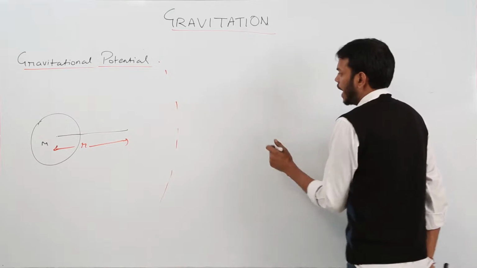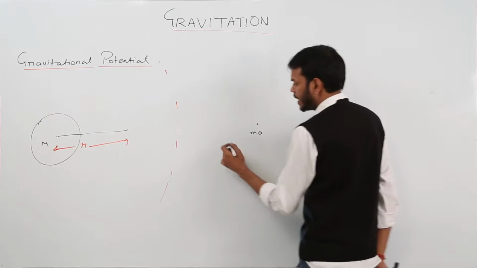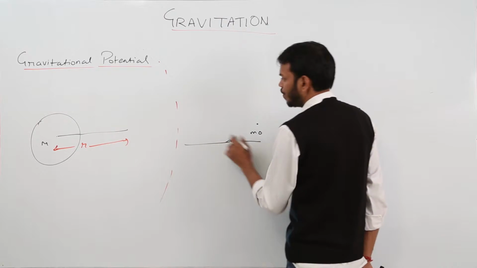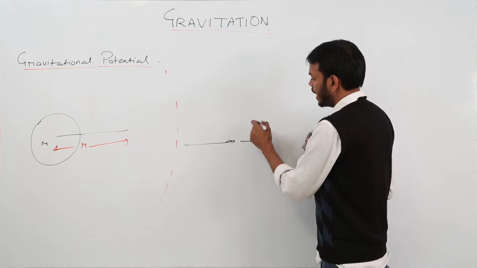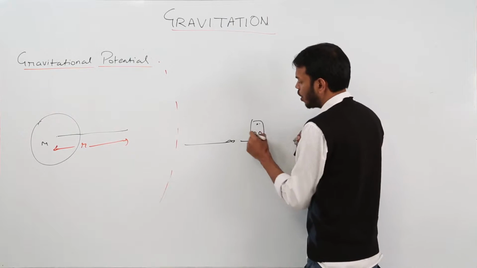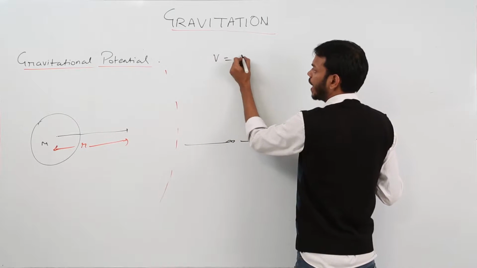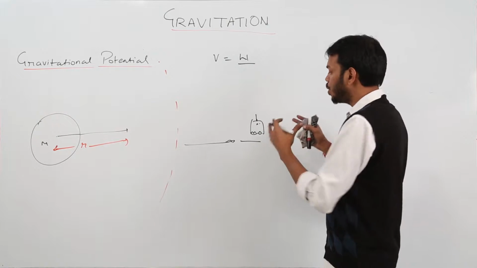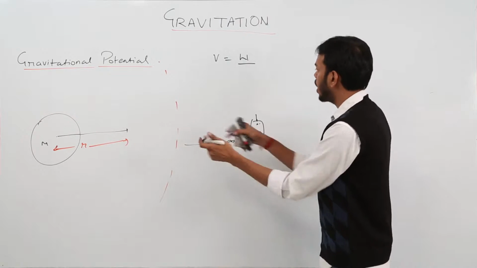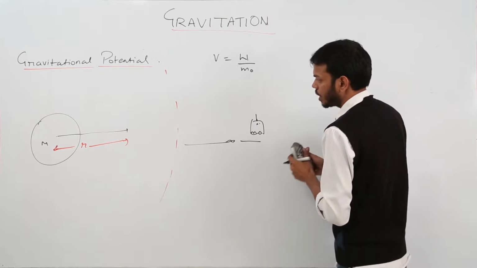That means I have another body of mass m0 here, at infinite distance from that body, and whatever work I have to do to bring m0 from infinity to this point, gravitational potential is defined as that work done per unit mass. So work done per unit mass is what we mean by gravitational potential.